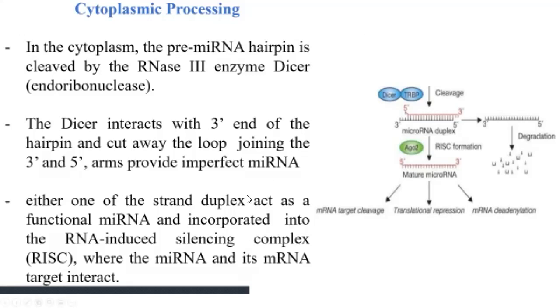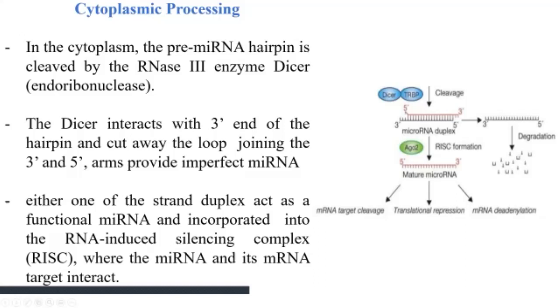Either one of the strands of the duplex acts as a functional microRNA, and that microRNA is incorporated into the RNA-induced silencing complex, this RISC complex, where the microRNA and its mRNA target interact. So this is the mature microRNA.